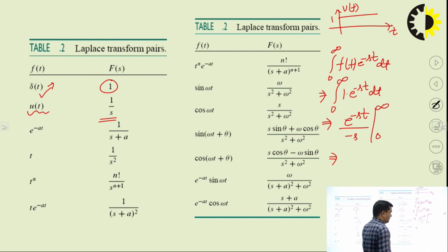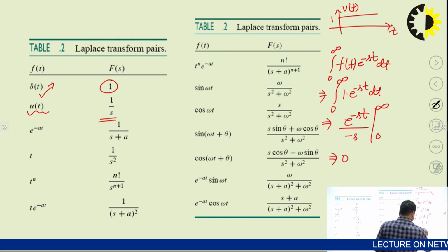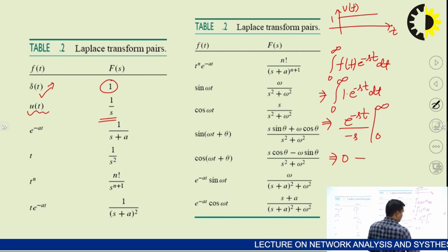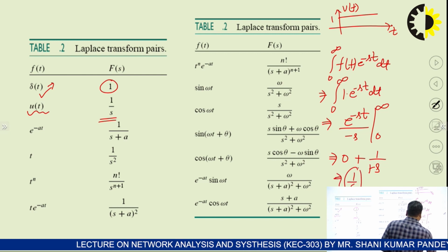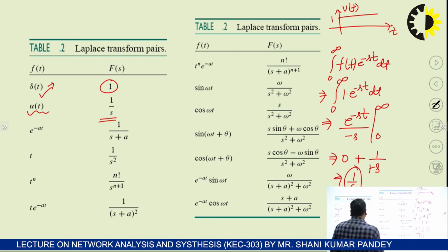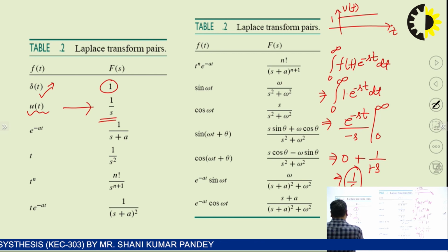When we put the value, e power minus infinity is 0, and minus of e to the power 0 becomes 1, so 1 upon minus s. This minus minus is plus, and it becomes 1 upon s. So here we can see that the Laplace transform of u(t) is 1 upon s.